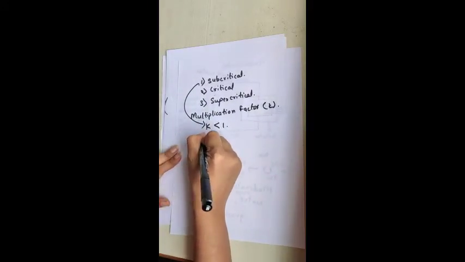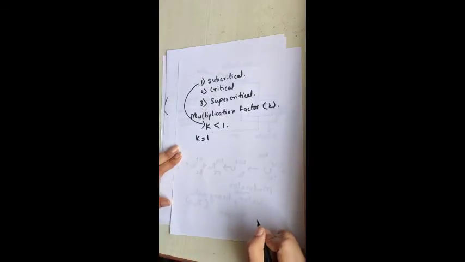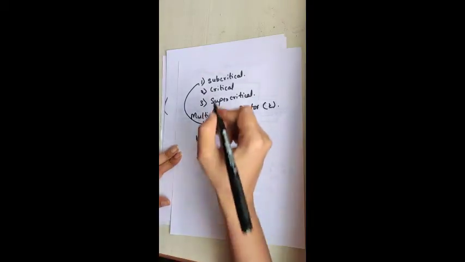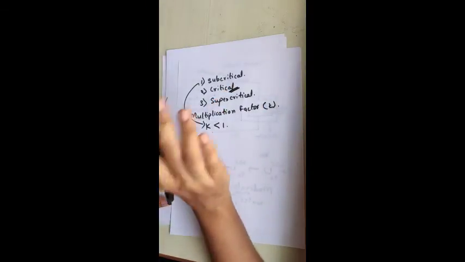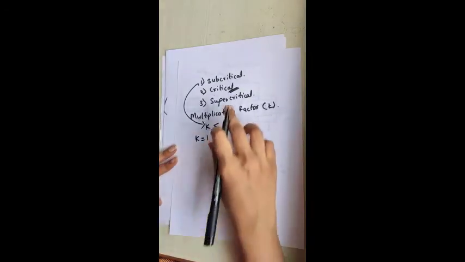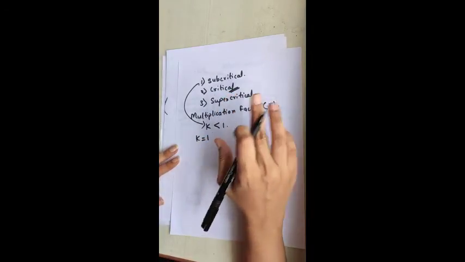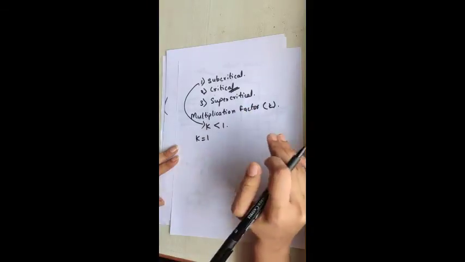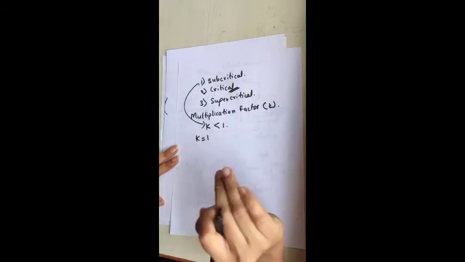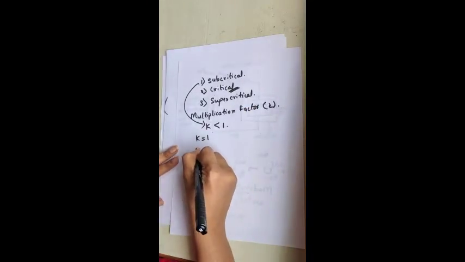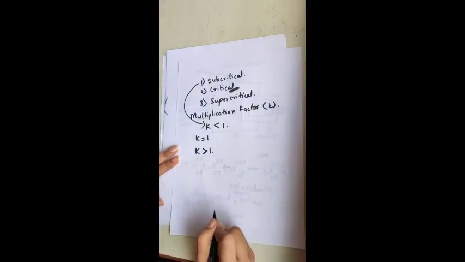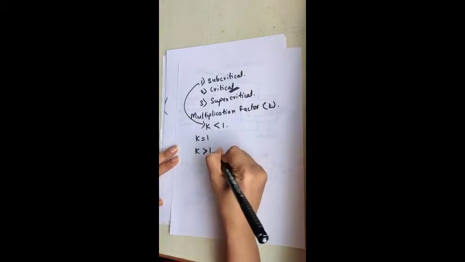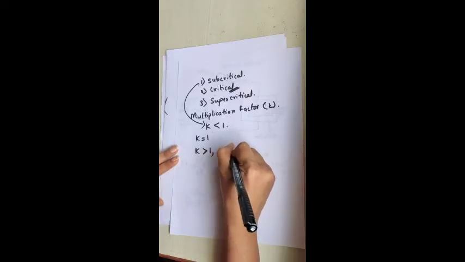If the multiplication factor K equals 1, then the reactor is said to be in the critical state. This critical state is the most necessary state for steady power generation in a nuclear reactor. Now suppose K is greater than 1, then the reaction is termed supercritical.